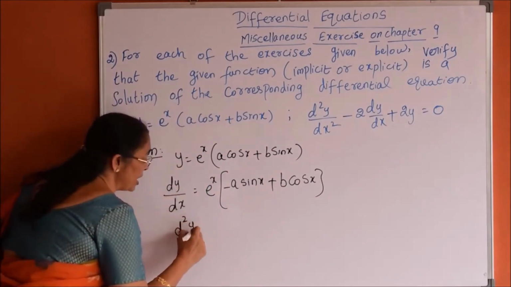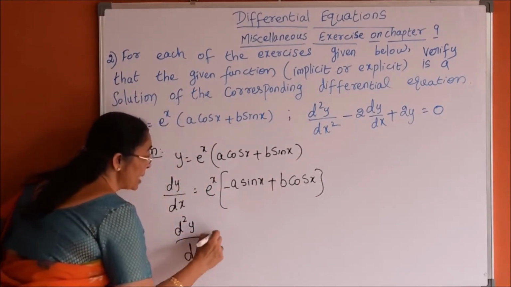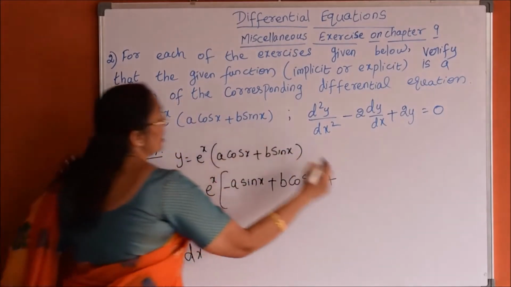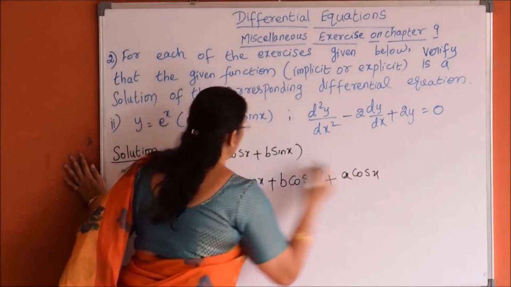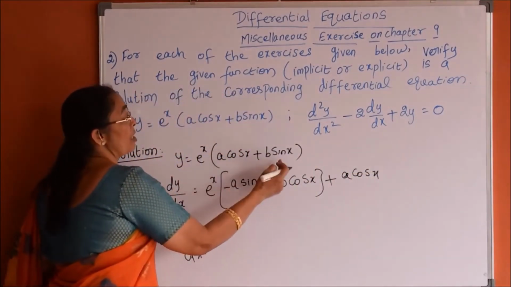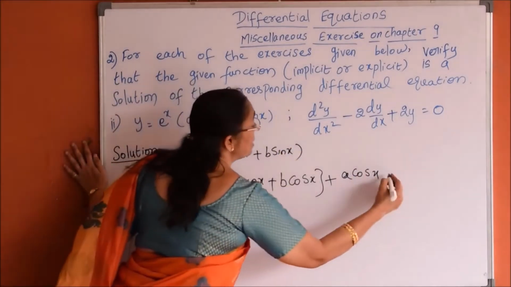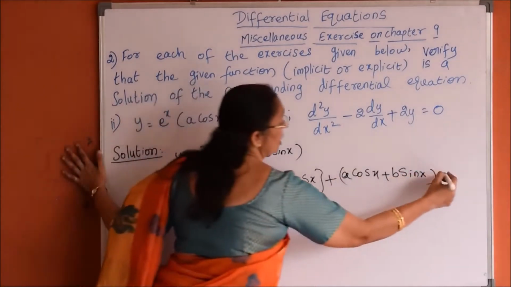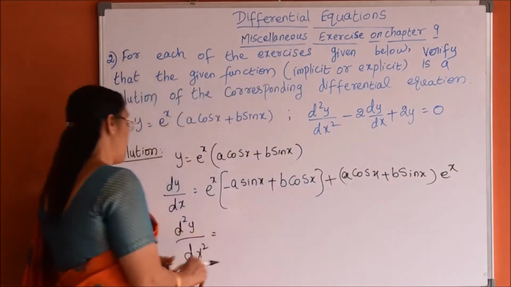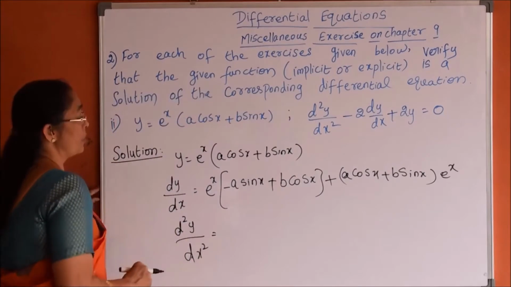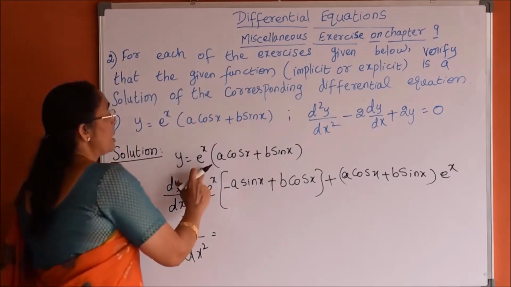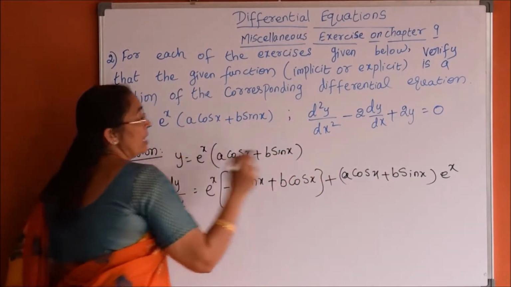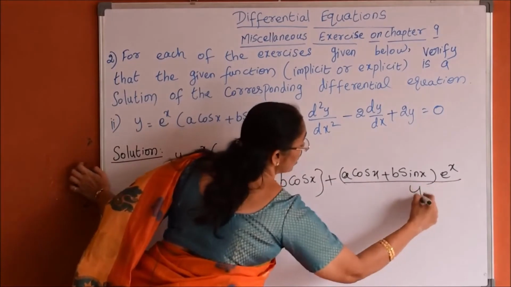Let me do the second differentiation, d square y by dx square. Sorry, here I have to do product rule. We did only u into differentiation of v. Now v into differentiation of u has to be done: a cos x plus b sin x into differentiation of e power x, which is e power x. Before that, we can replace the second term, a cos x plus b sin x into e power x, as y. This is nothing but y.